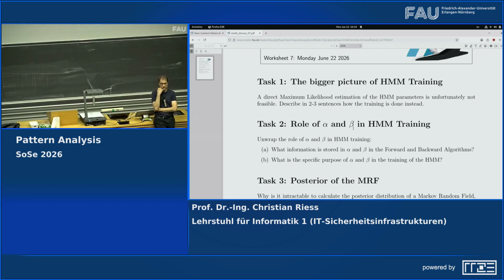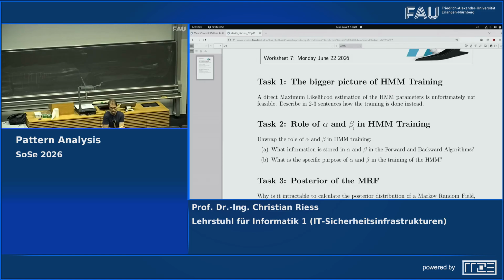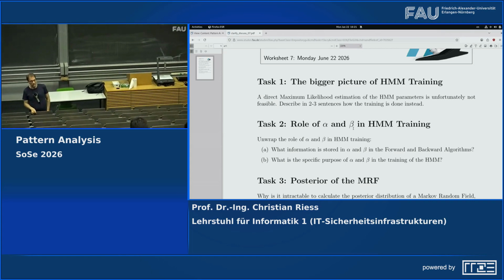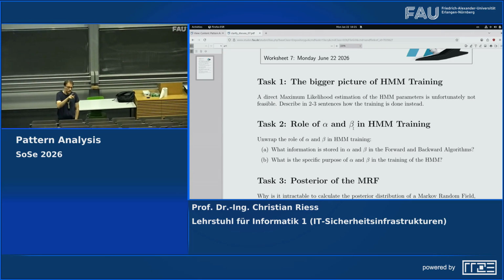First things first. The training procedure itself, how does it work? You're saying it's not a direct maximum likelihood estimation. Okay, so what would be a direct maximum likelihood estimation?